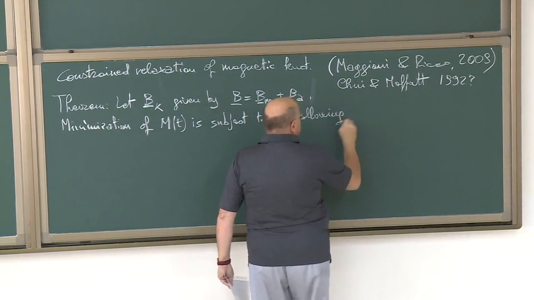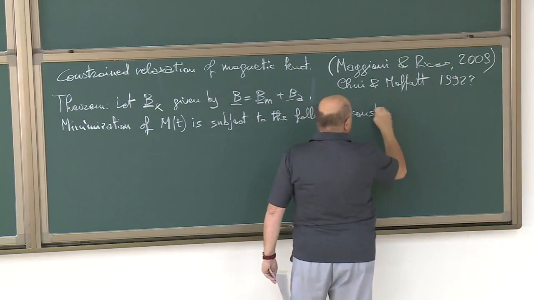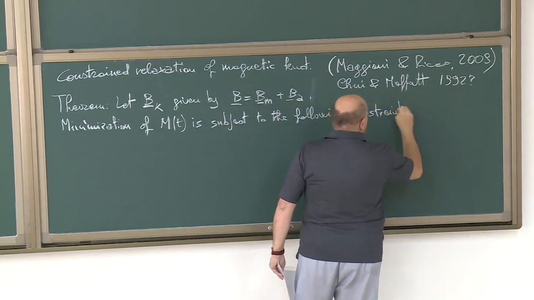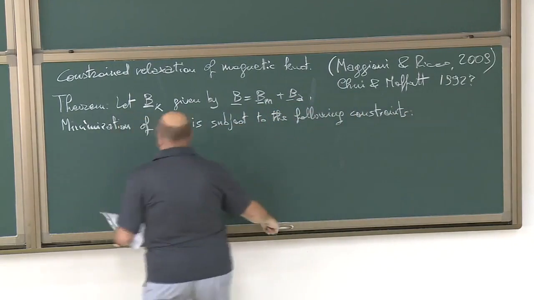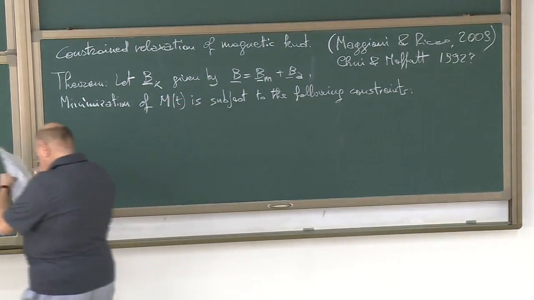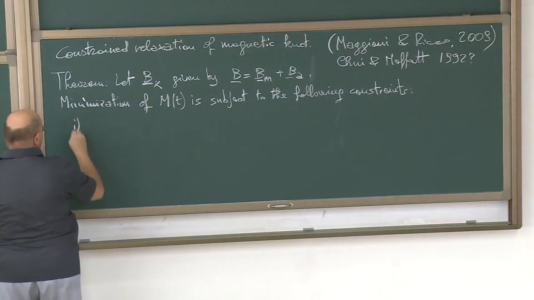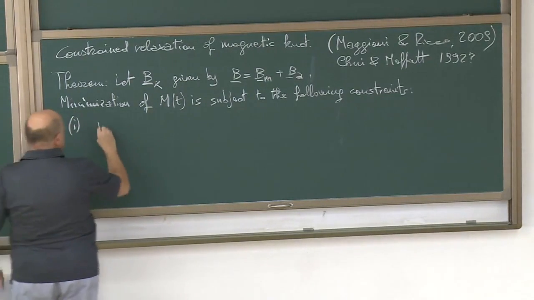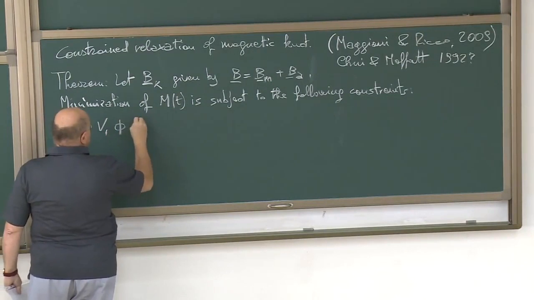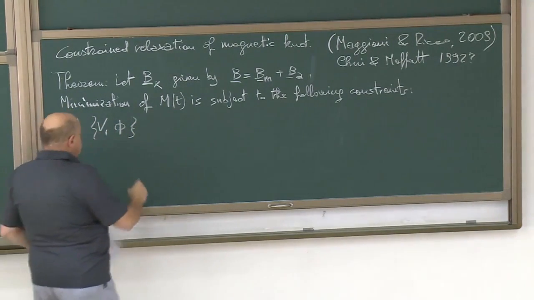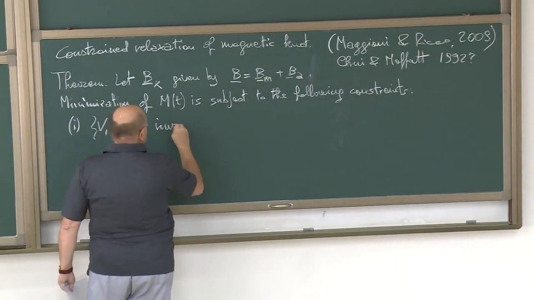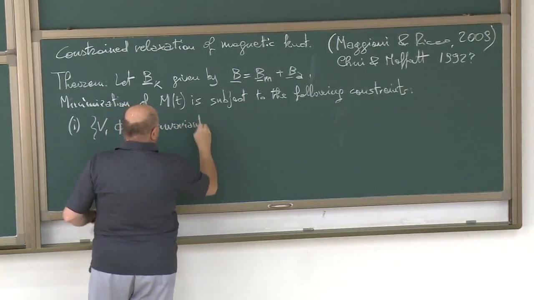Let's call them constraints, because to do some analytical work you need some simplicity, and in numerics you can implement things to improve this result, I'm sure. So first of all, this is invariant, and we know that.